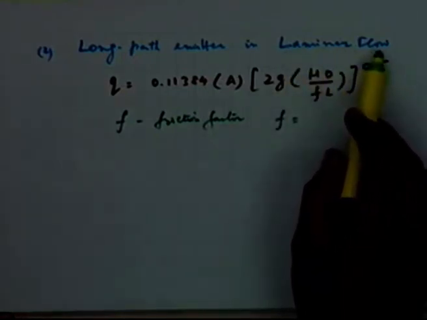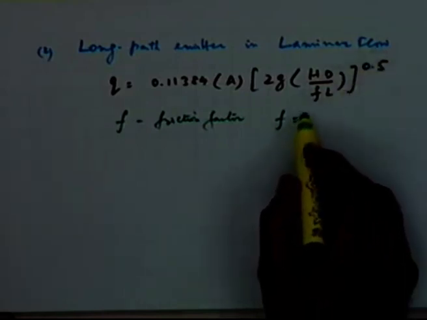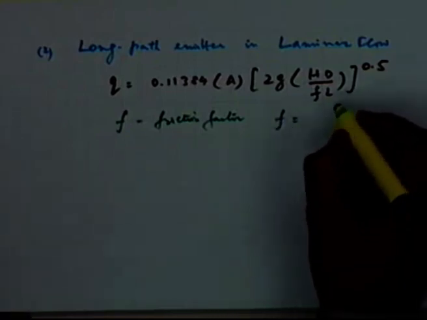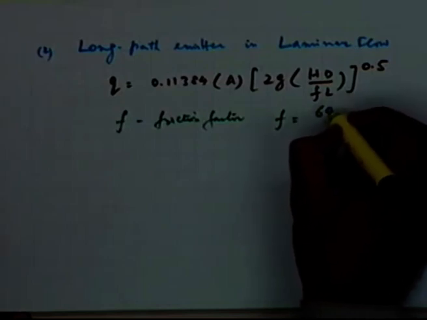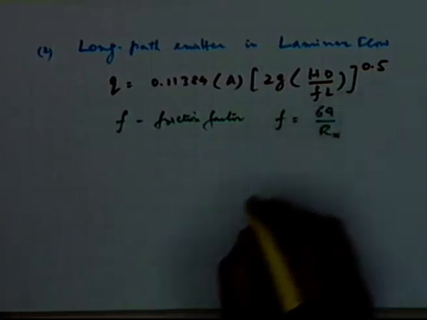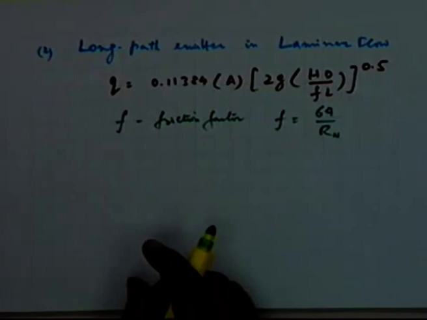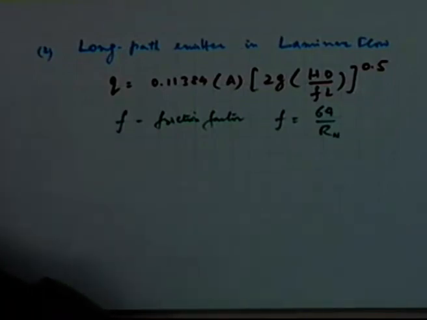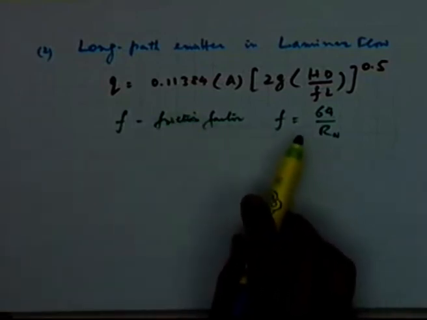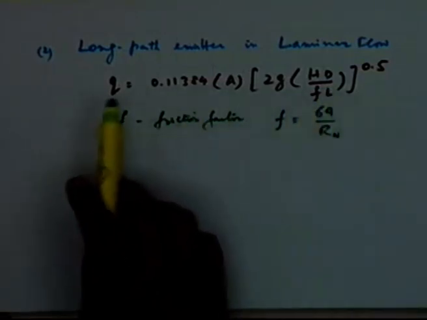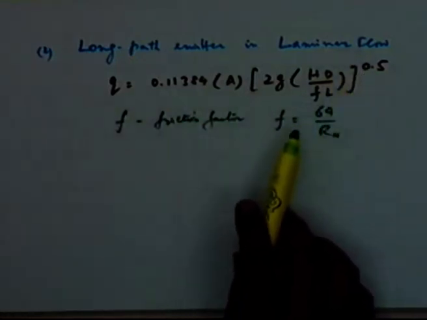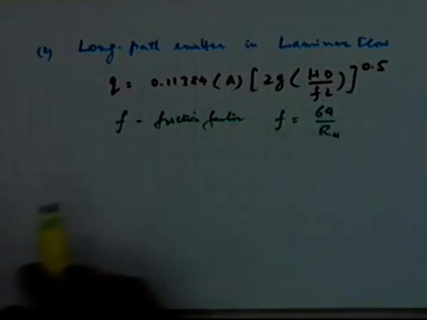In this case, if you remember the Moody diagram, in the laminar range, the friction factor is expressed as 64 by the Reynolds number. So that is what you have to see, that if your flow regime is known, then you have to use the F value, the friction factor value, accordingly.